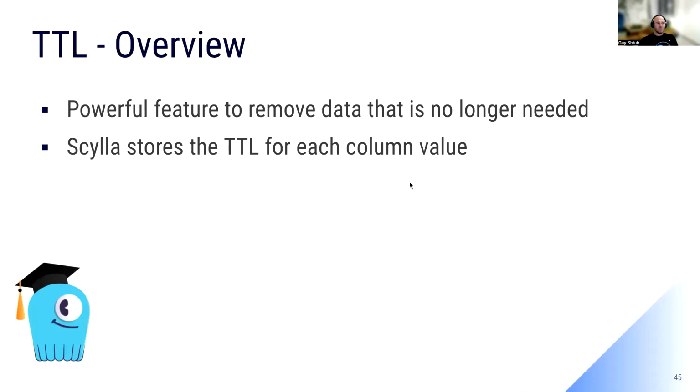So for example, we might measure the heart rate of the dog every second, or the temperature of the dog, and so on. And in that application, we can define that data that's older than, say, 1 week is no longer relevant and we can erase it.